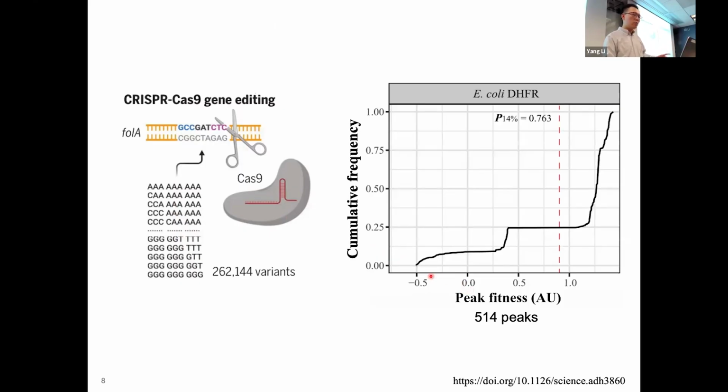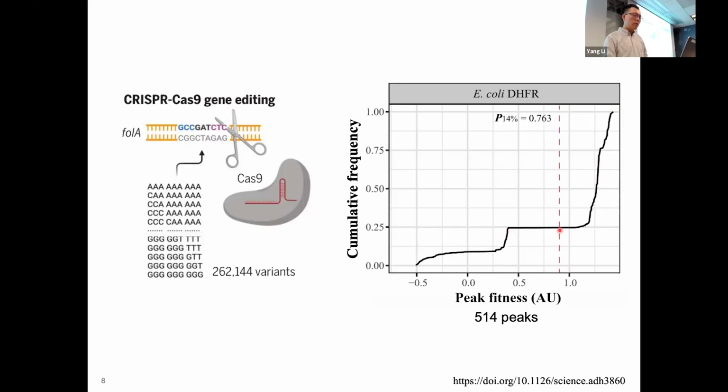Each time we randomly assign a random sequence as the starting point, and at each step of the adaptive walk, we select for higher fitness compared to the original one. Finally, it will end up at a peak. The peak fitness is higher than its neighbors. And here is the cumulative frequency, with this shape.